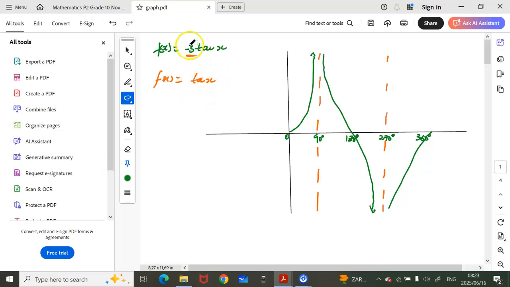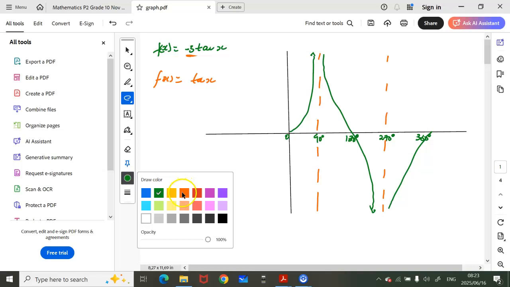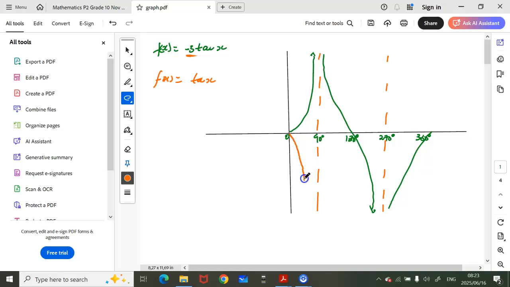But now the change is that the graph is negative. So we are not going to draw this one, but the graph will start here and go down first, close to the asymptote.